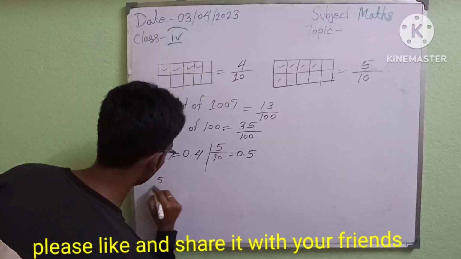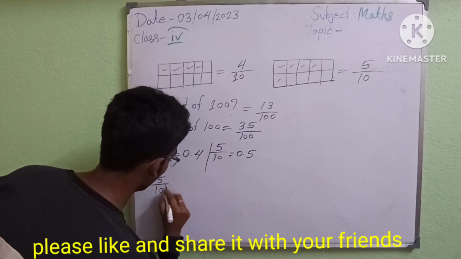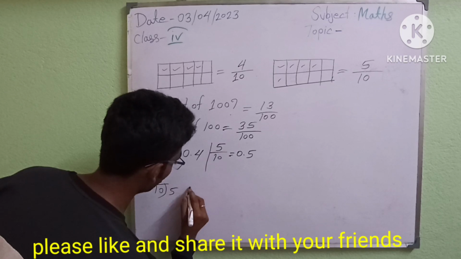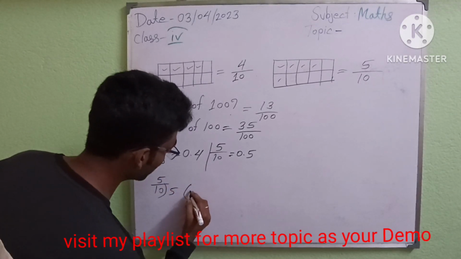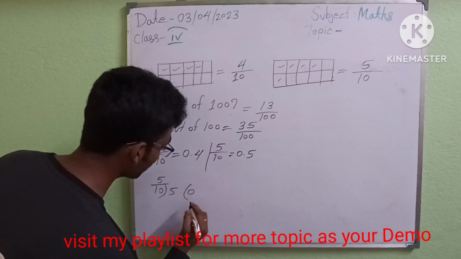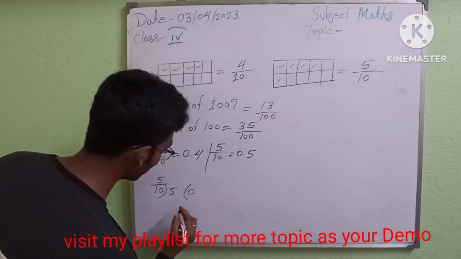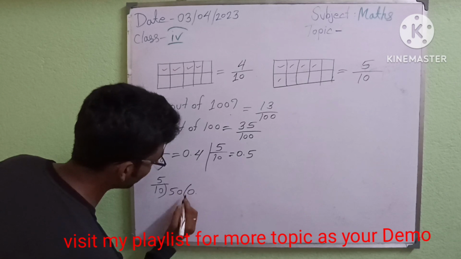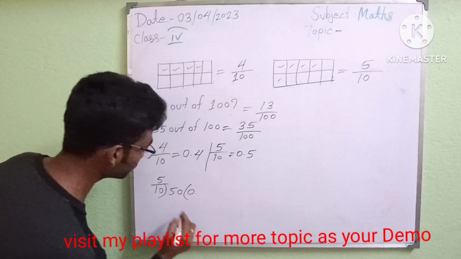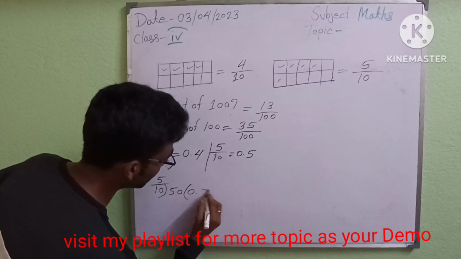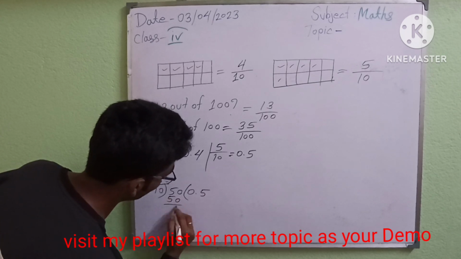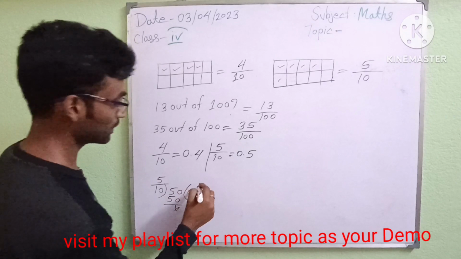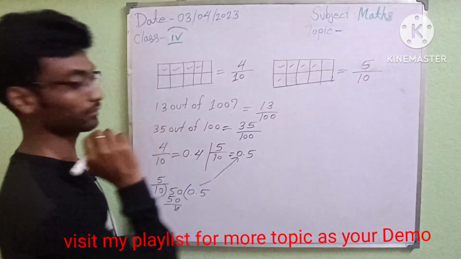Like 5 by 10, we will divide 5 by the digit 10. Now we cannot simply divide it, so we will put a 0 after the decimal point. We keep here 0. Now here 10 will go 5 times within 50. From this it is coming.